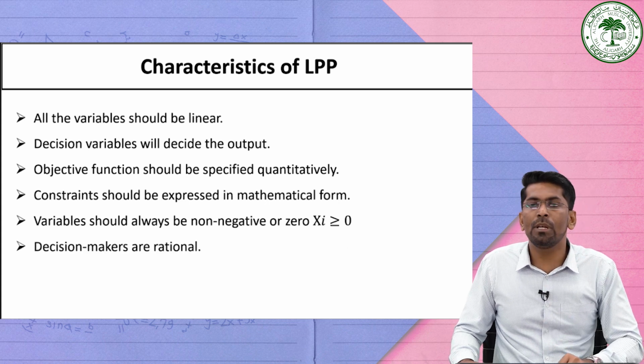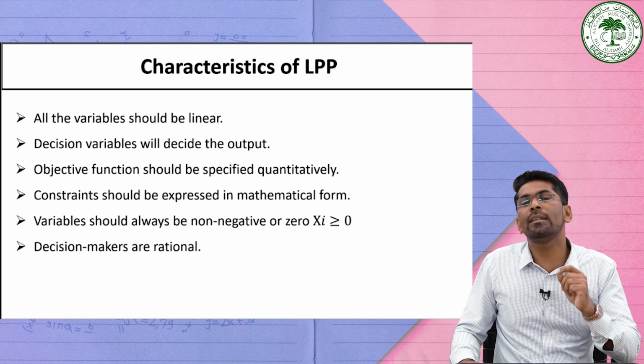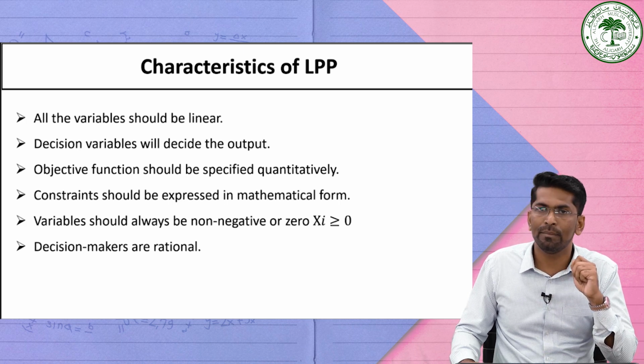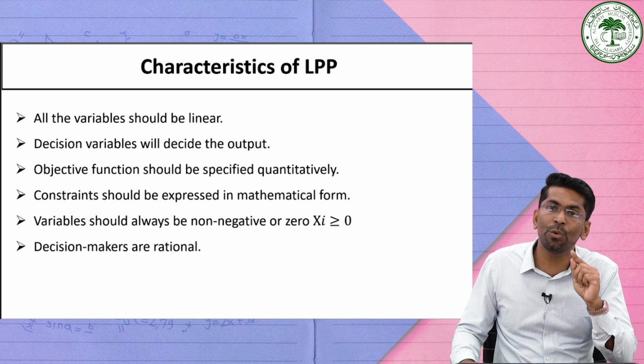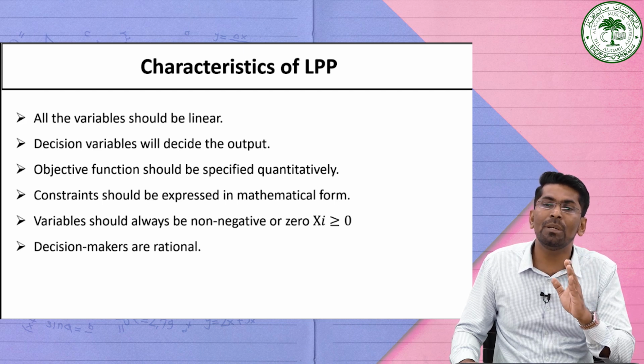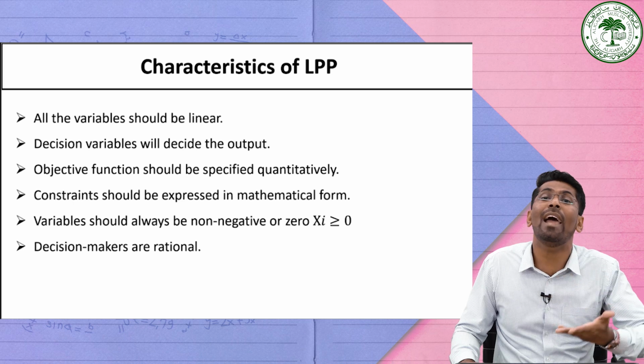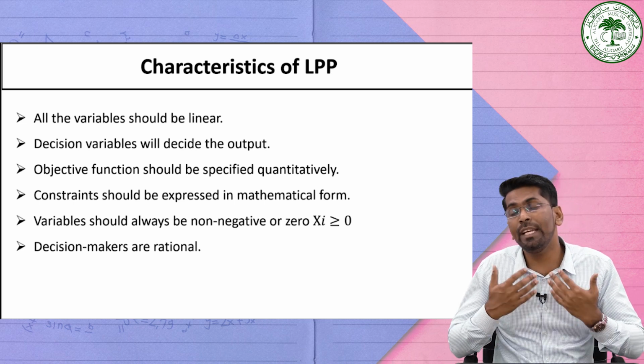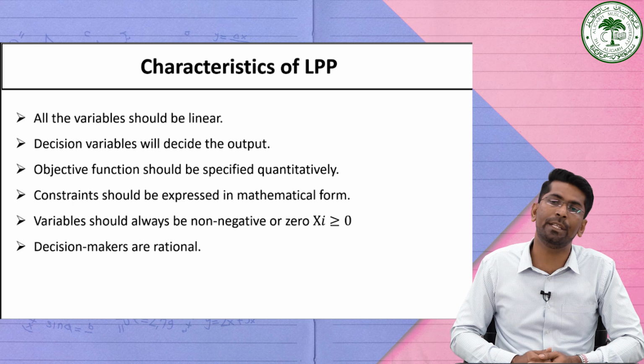Now another important feature: the decision makers are rational. The decision makers should behave rationally. That is also one of the important assumptions. In a linear programming problem, we assume that the decision makers are rational actors who seek to optimize their objectives.